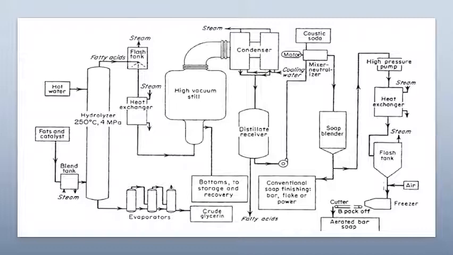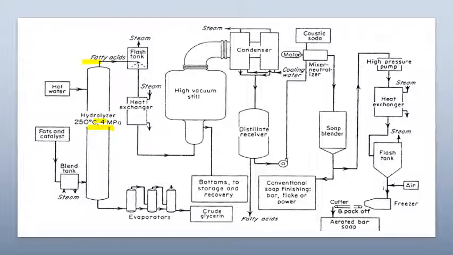So all the steps you have read in the continuous process, you can see here in the flow sheet diagram of the continuous process. As you see here, the hydrolyzer, understood, that's the first step. The fat is taken here to convert into the fatty acids.